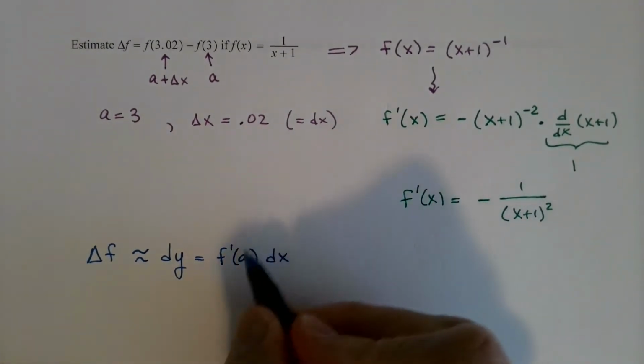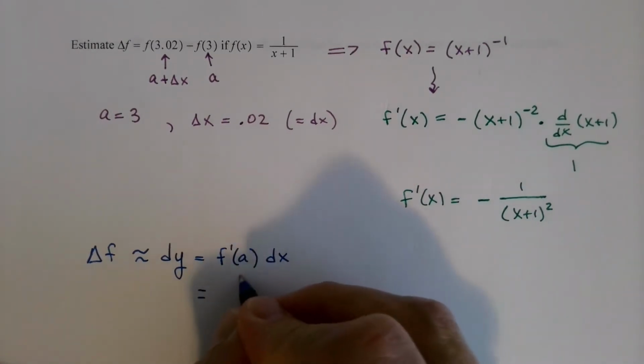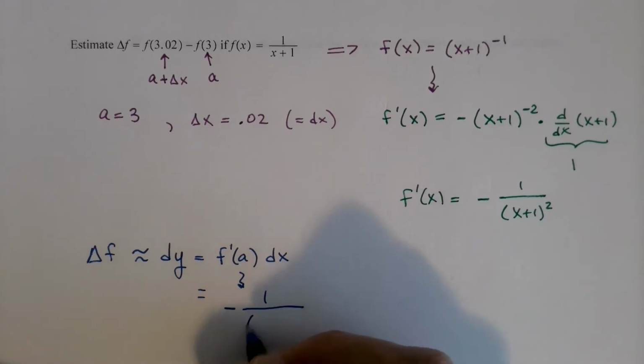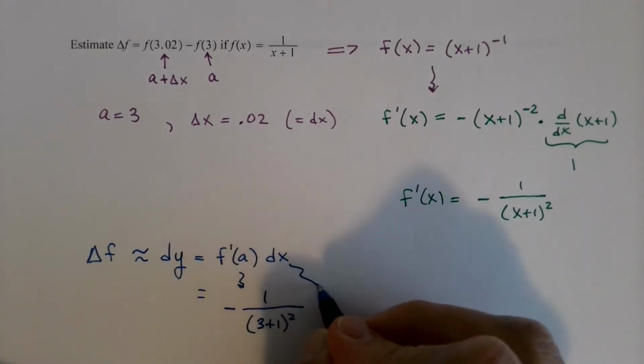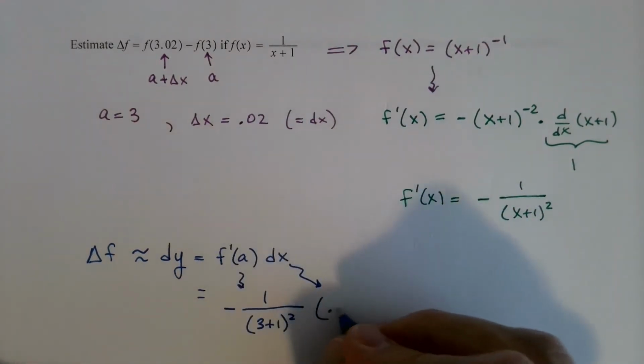Remember, a was 3, so I'm plugging that in here. This is equal to negative 1 over 3 plus 1 squared, times dx. Well, what was dx? dx is 0.02.